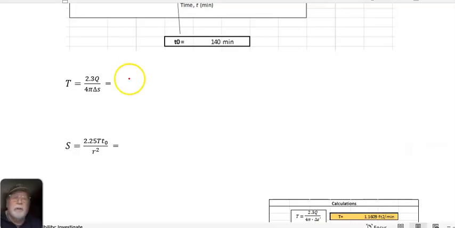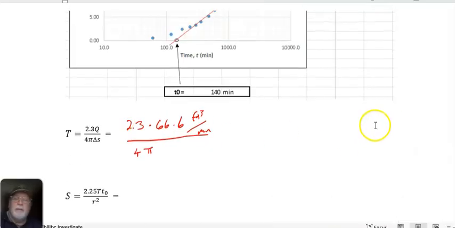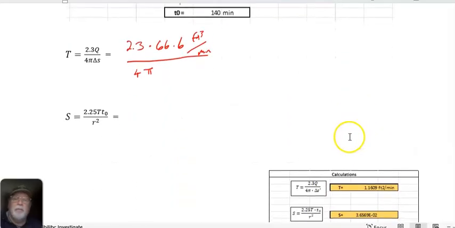So I have 2.3, and since I'm going to have time in minutes, I'll do Q in 66.6 feet cubed per minute over 4 pi, and the delta s that I took from my graph was 10.5 feet.